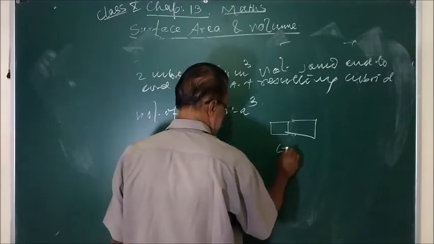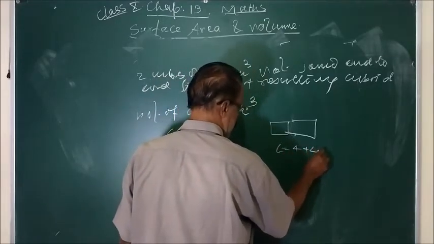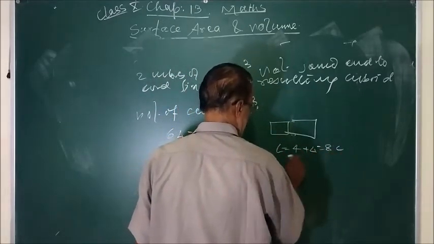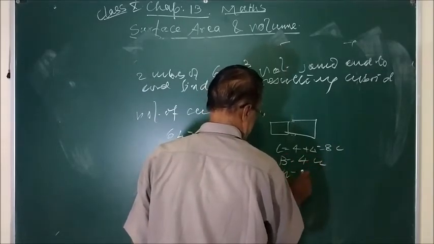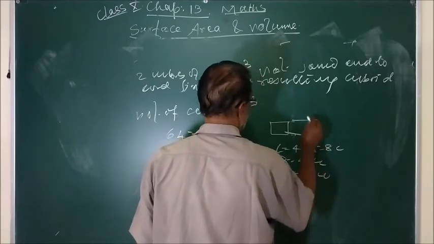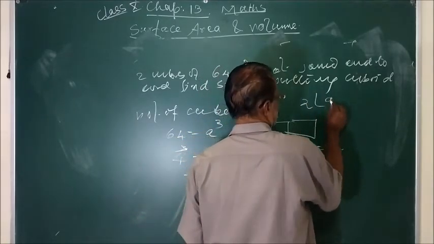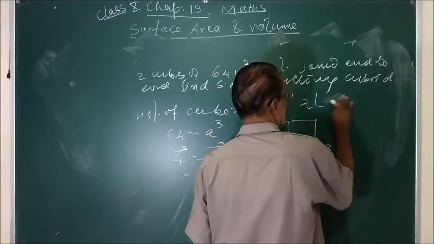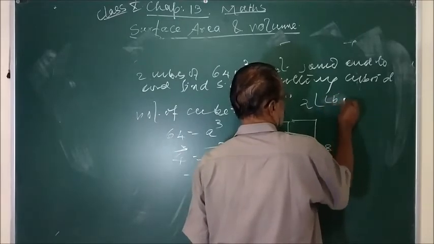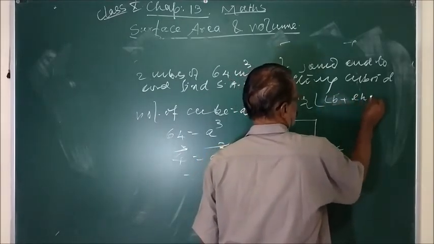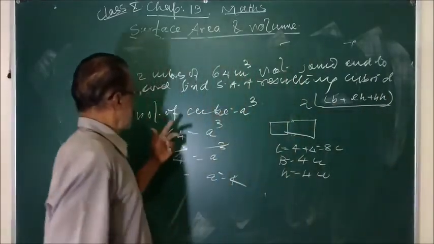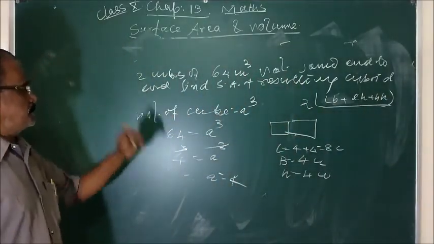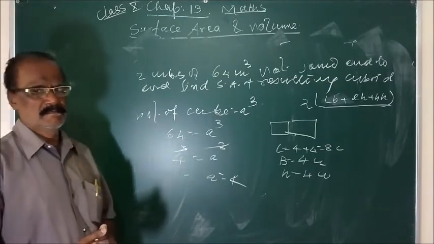The length will be 4 plus 4, which is 8, the breadth 4 cm and the height 4 cm. Now you use the formula 2(LB plus LH plus BH). Putting in the values, you will get the surface area of the resulting cuboid.